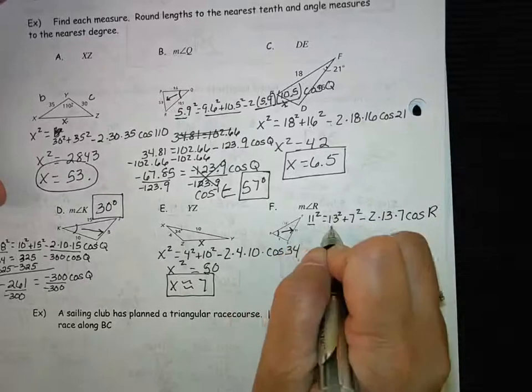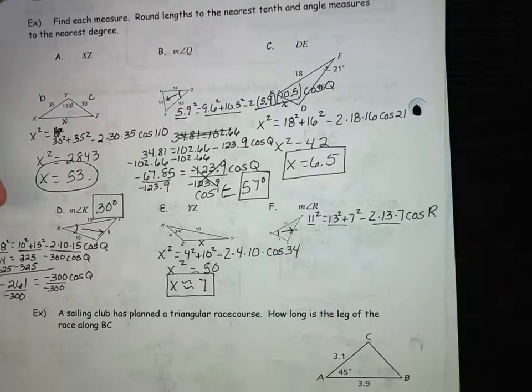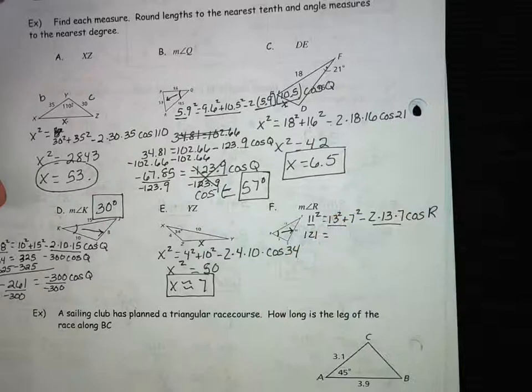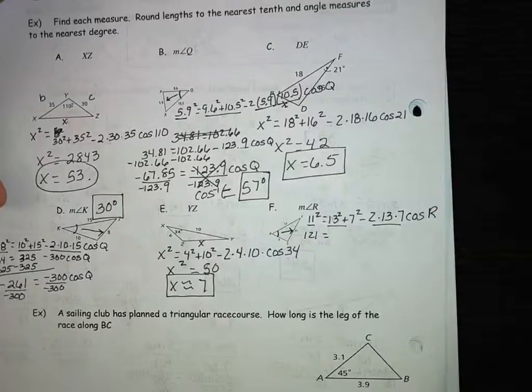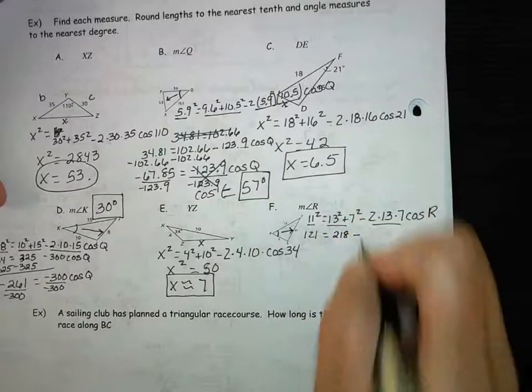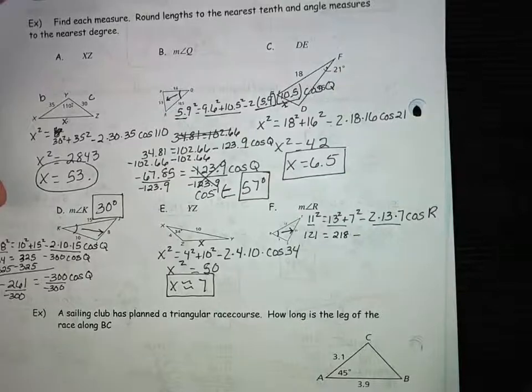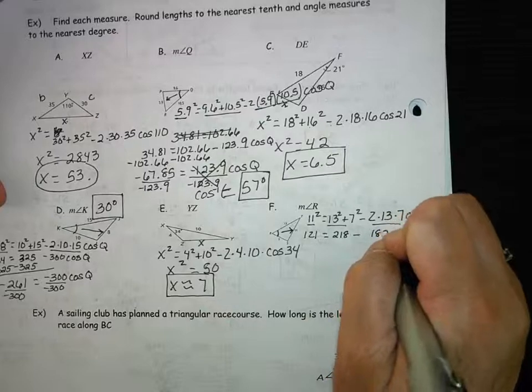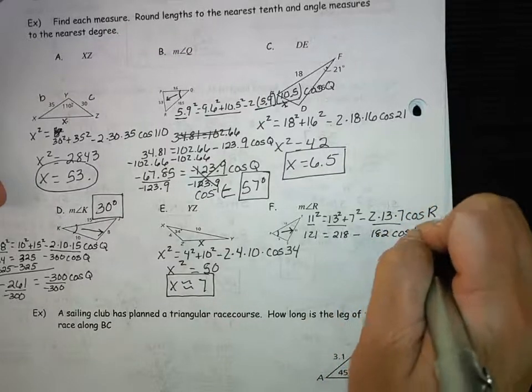We need to come up with three numbers. 11 squared is 121. 13 squared plus 7 squared is 218. And 2 times 13 times 7 is 182 cosine of r.